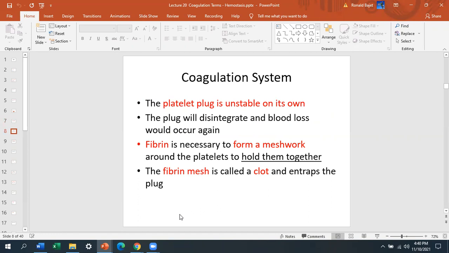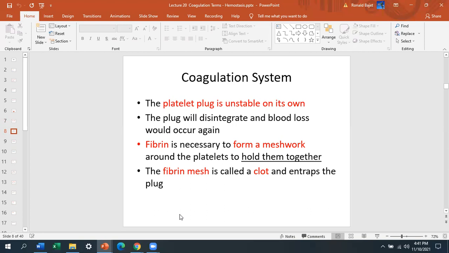So what's needed is fibrin. In addition to the platelet plug, you have to have fibrin form a network, a meshwork on top of the platelet plug, and that's what forms your clot. The fibrin mesh on top of the platelet plug is called a clot, and it holds the platelets together.